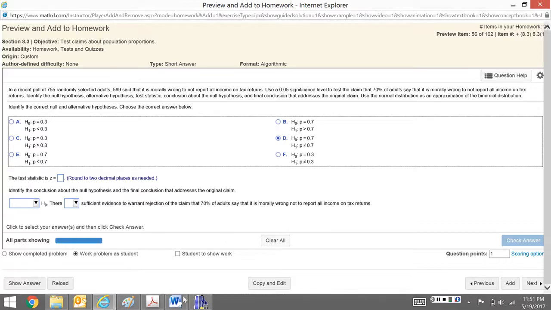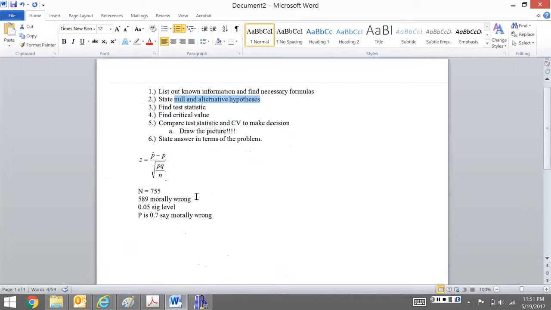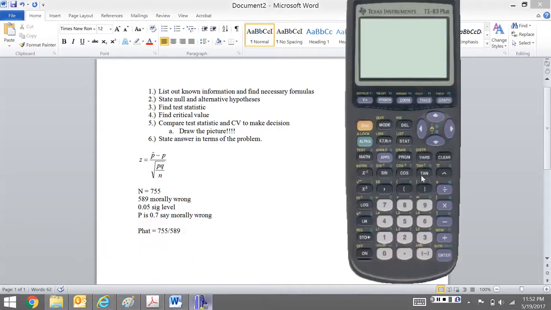Now we need to find our test statistic. So I'm going to come back over here, and I'm using this formula to find my test statistic. First I want my sample P, that's my proportion. So my P hat in this case, my P with little hat, is 755 divided by 589.